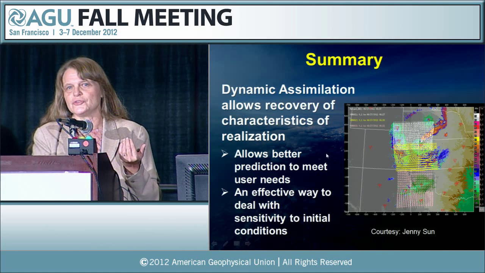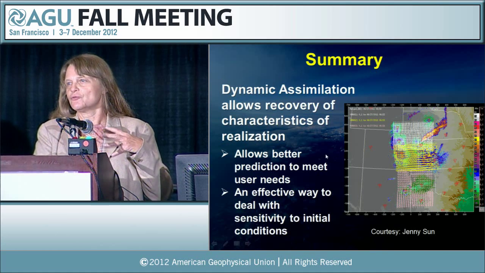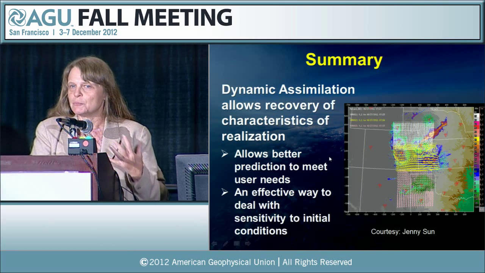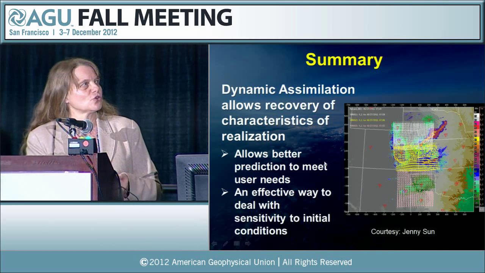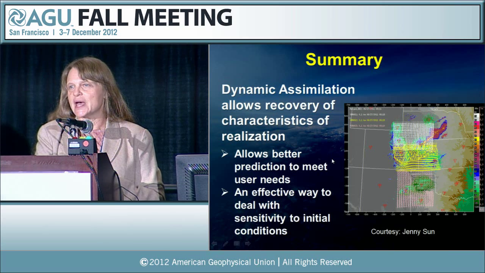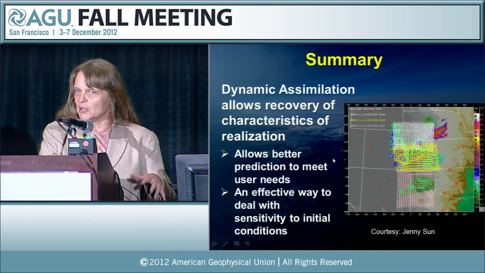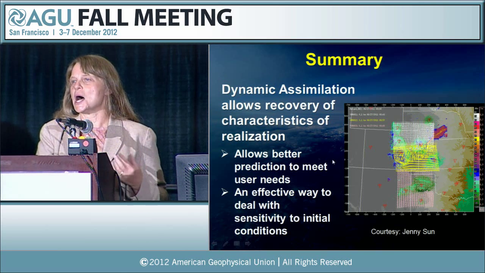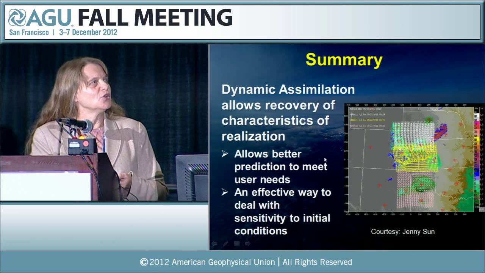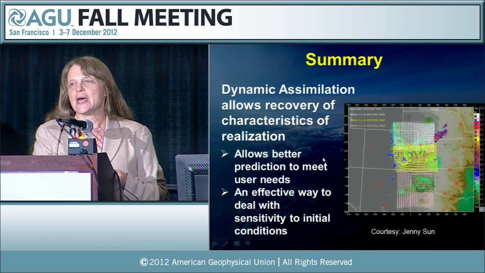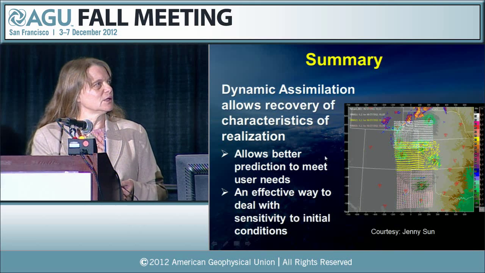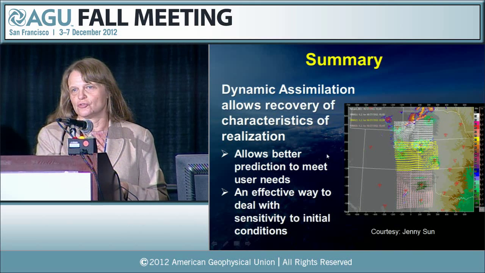But if we want to get at the information about that very particular realization so the decision makers can use it, then we're going to have to do something. And dynamic assimilation, where we're constantly updating the information, is an approach that is effective, and it helps deal directly with the sensitivity to initial conditions.